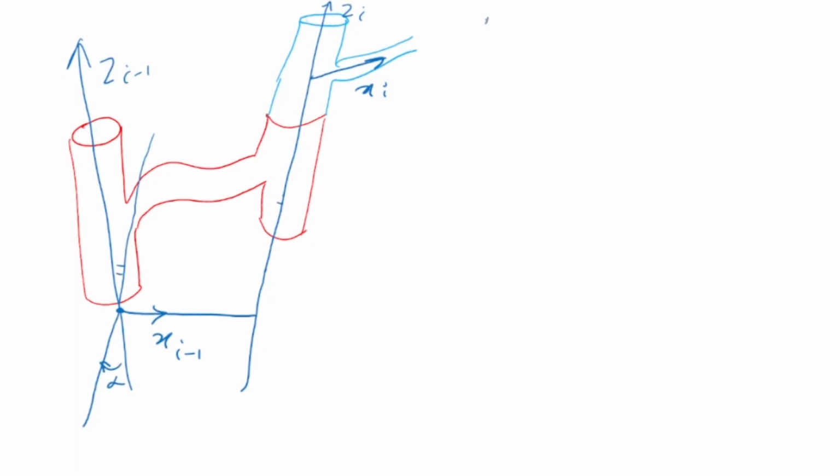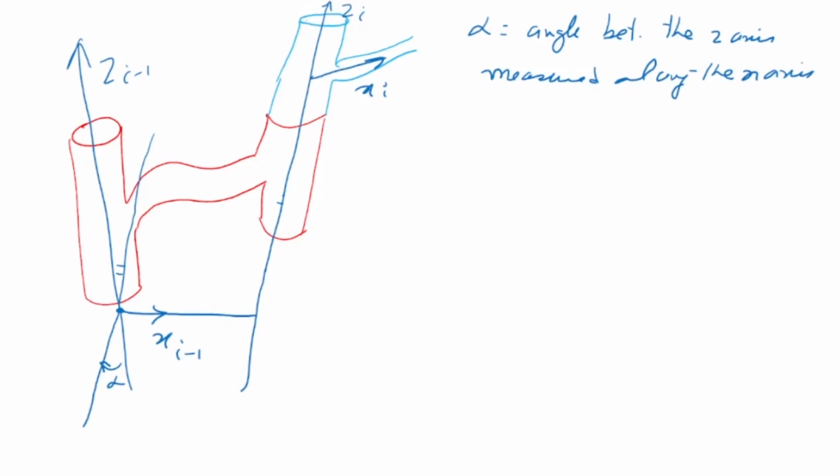This is the angle between the z-axes, measured along the x-axis. This is my first parameter, which is called the link twist, alpha.